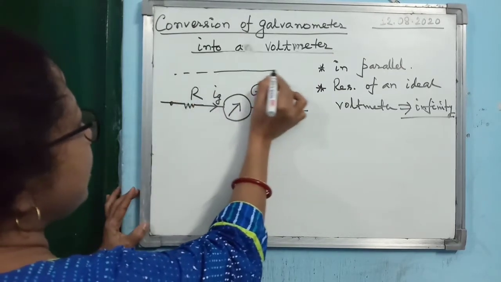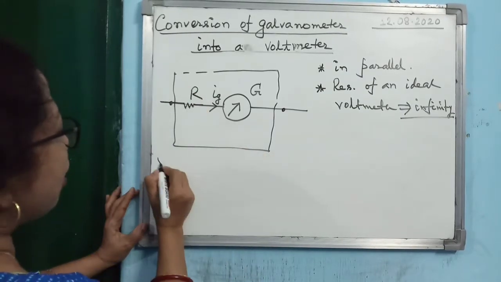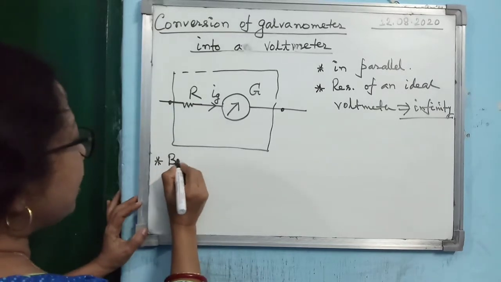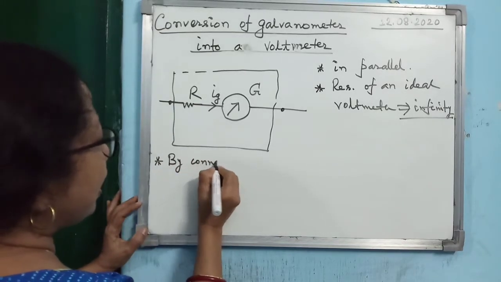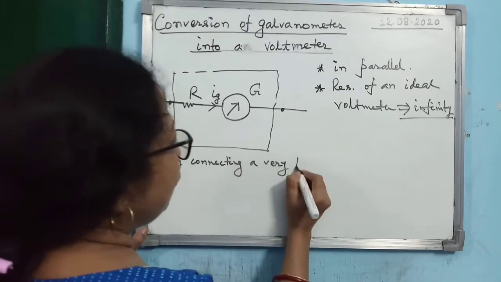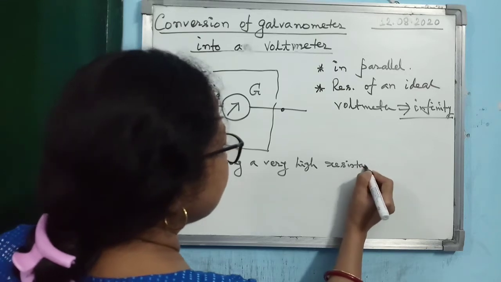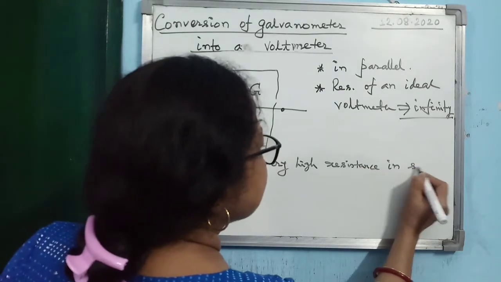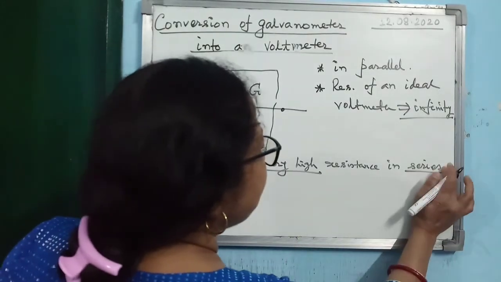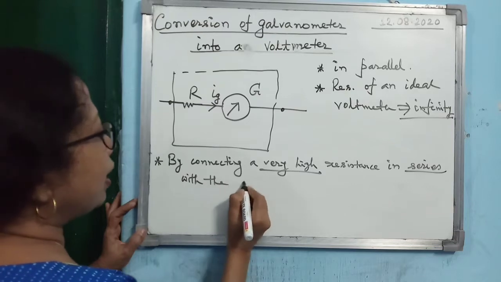So you see, this is the galvanometer. How can you convert a galvanometer into a voltmeter? By connecting a very high resistance in series with the galvanometer, just opposite to the ammeter.